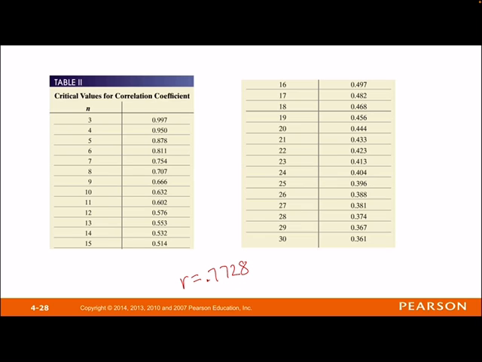If we went back and counted the number of data values on that first slide, there were 12. So N is 12, R was 0.7728, and the absolute value of 0.7728 stays as 0.7728. So when I go to N equals 12 and I look, my critical value there is 0.576.